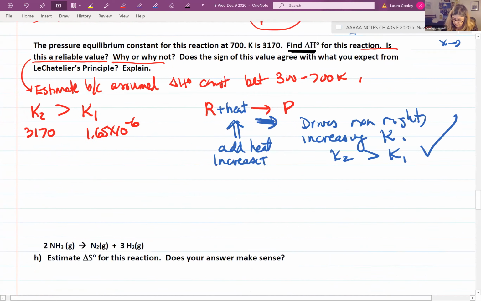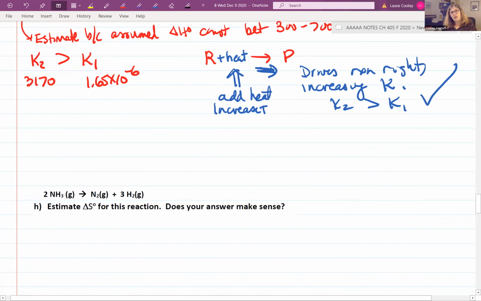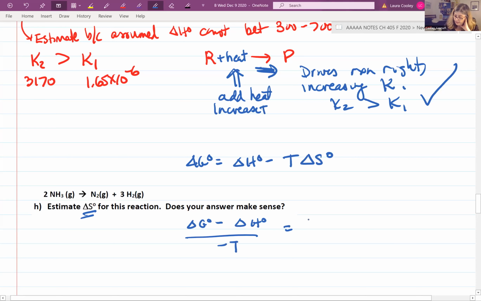So there's a lot of stuff that you can get out of a small amount of data. Well, probably a lot of data, but it's just K's at 2 different temperatures. You can also get a delta S for this reaction because you know that delta G is delta H minus T delta S. So if you solve it, delta G0 minus delta H0 over minus T is delta S0.